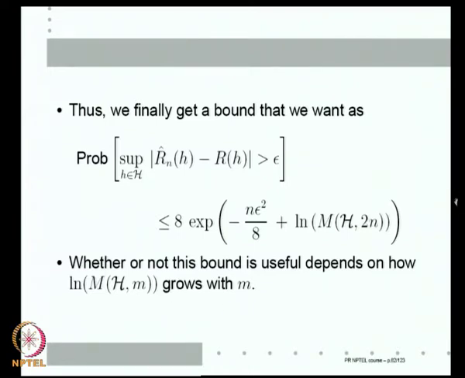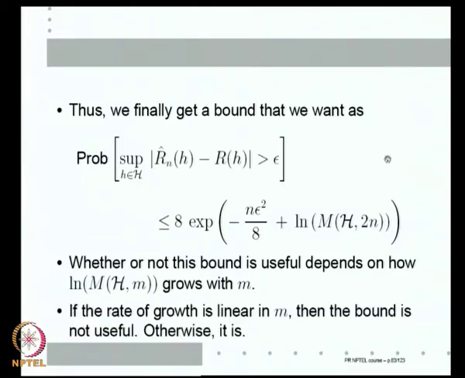If the logarithm of capital M grows linearly with m, then this bound is not useful at all, right. If this logarithmic term grows linearly with 2n or linearly with n, then inside the exponent we have two terms, one term linearly decreases with n, another term linearly increases with n. So, we cannot say that this can be made as small as you want by taking n sufficiently large.